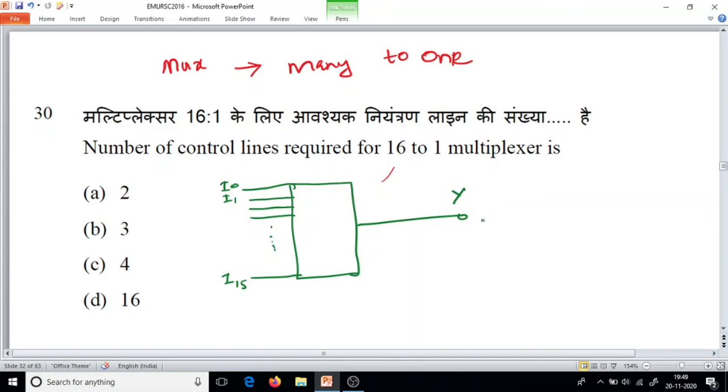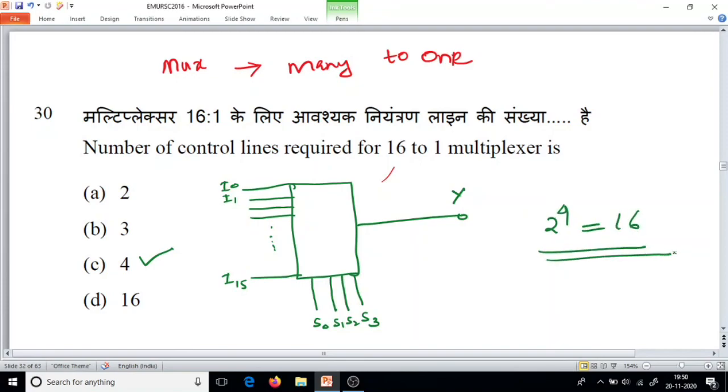Now we should be able to select whatever input we need out of the 16. To select that, how many select lines do we need? That is 4 select lines: S0, S1, S2, S3. So the answer is option C. 2 to the power 4 gives 16 combinations. So using 4 select lines, we can select any input out of these 16 inputs.